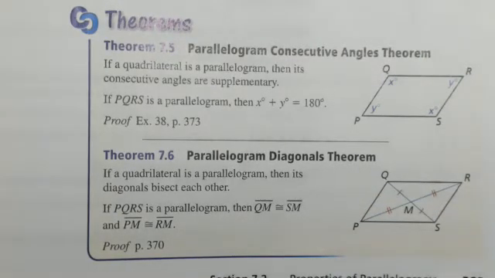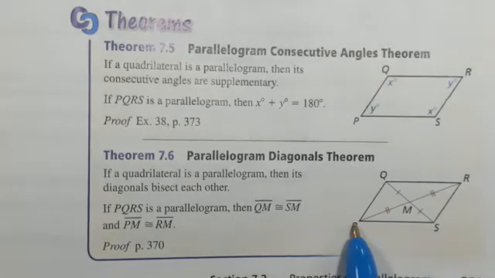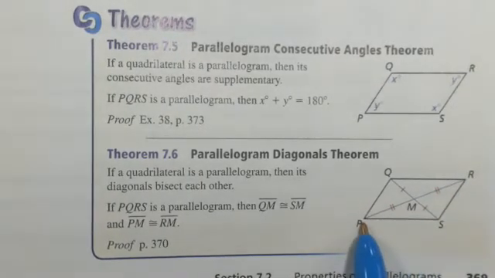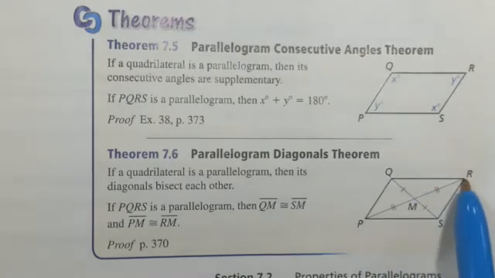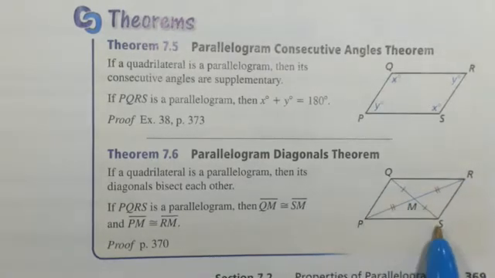Our next theorem is our parallelogram diagonals theorem. And what this says is if you have a parallelogram and you draw diagonals, so I would draw from P to R and create this diagonal, and I would draw from Q to S and create this diagonal.